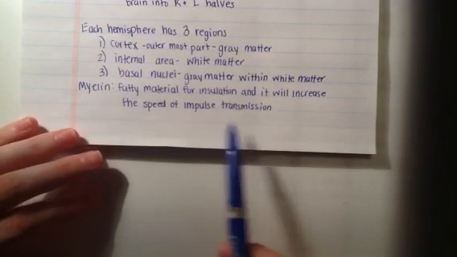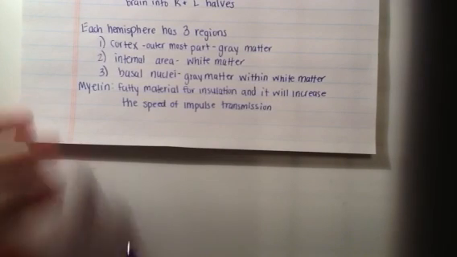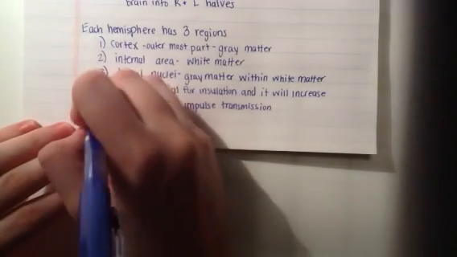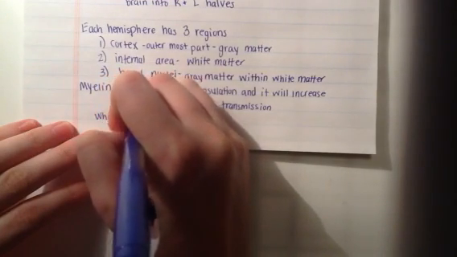That impulse can travel faster when the tissue is myelinated. If it's unmyelinated, it just travels a little bit slower and it's not covered in this fatty tissue, this white matter.